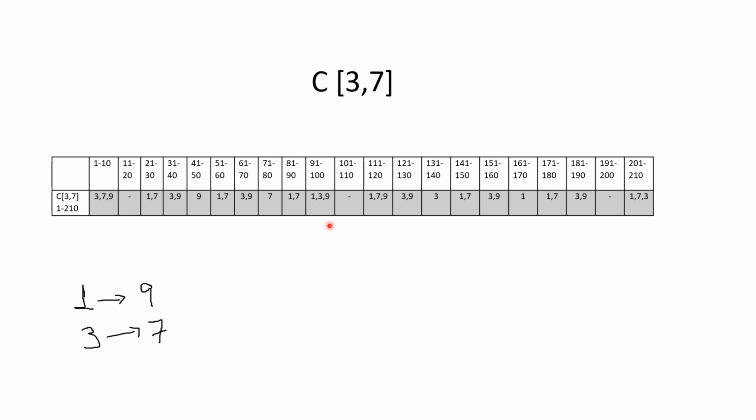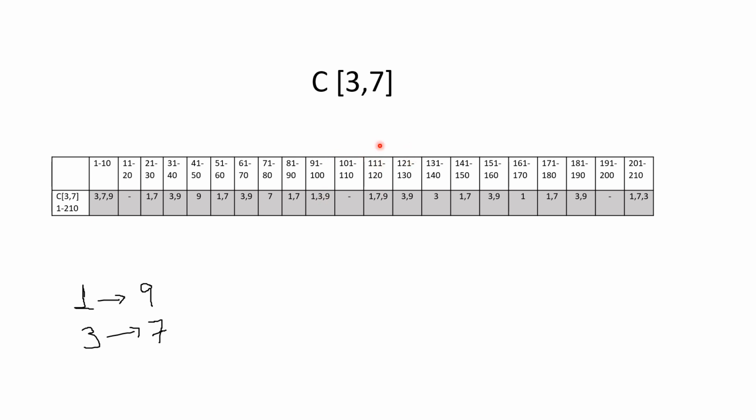So we have a 1, the symmetry of 1 is 9, the complement, so we have a 9 here. We have a 3, the complement is a 7, we have a 7 here. We have a 9 here, so we have a 1 here. So these two 10s are symmetrical.